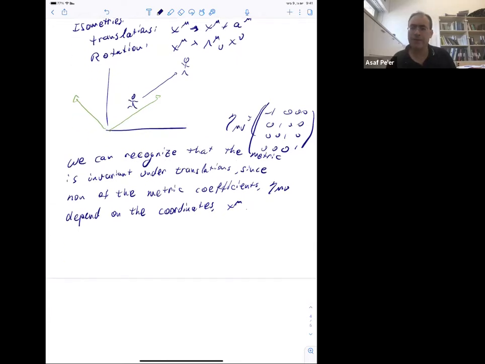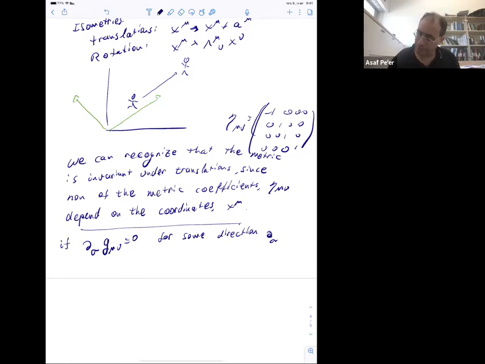Another way of writing it is that if I'm taking the derivative of the metric with respect to some direction, which I specify by x sigma, so d sigma g mu nu equal to 0, for some direction d sigma, then there is a symmetry under translation along x sigma.